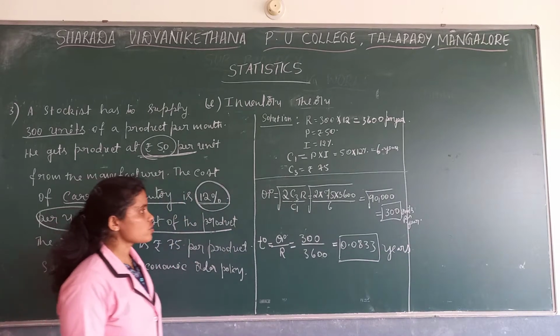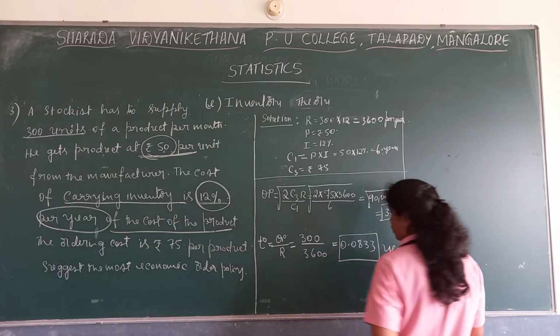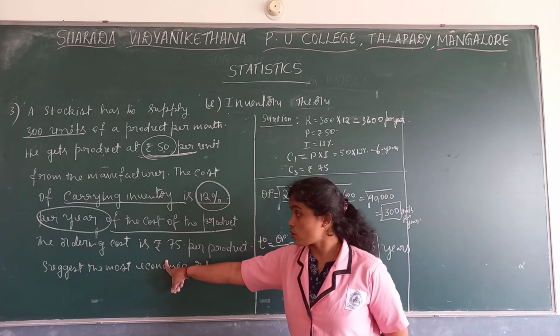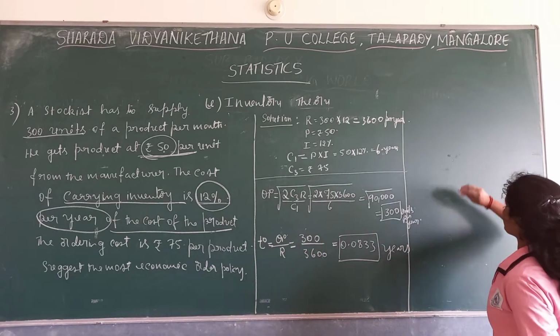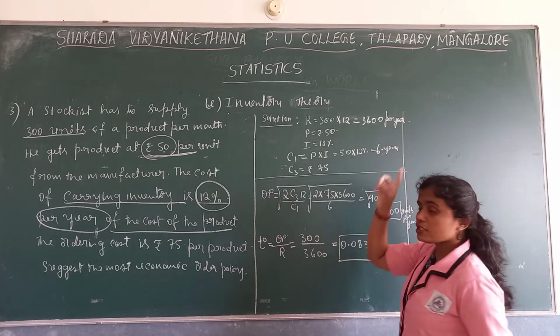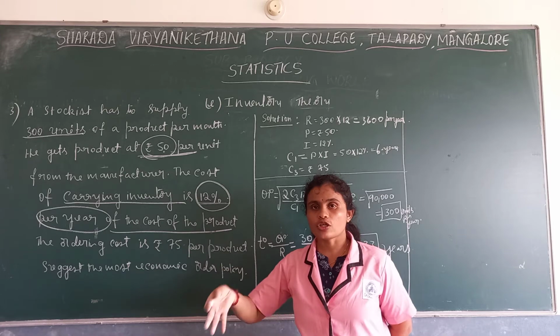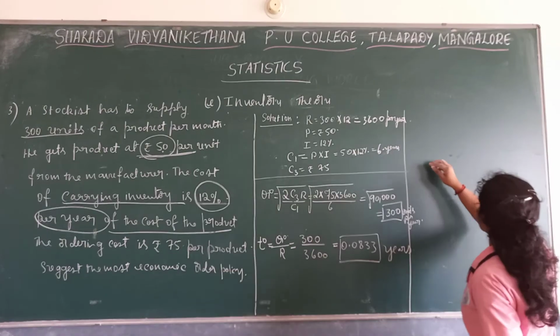Now the next one, the third one, is the replenishment: the number of times we refilled the quantity or the supply which is already used.